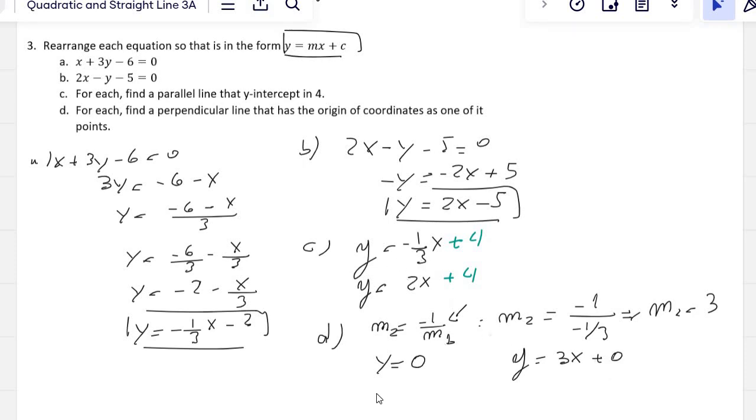And for the second equation, m2 equals minus 1 divided by 2. So this is the gradient, minus 1/2. And then the perpendicular line will be y equals minus 1/2 x, also plus 0, because it's the origin of coordinates.